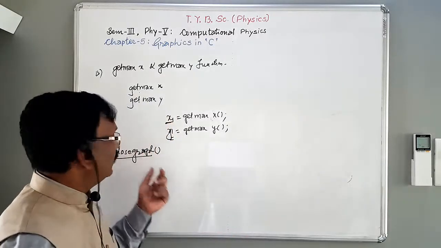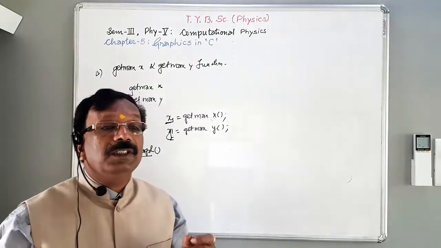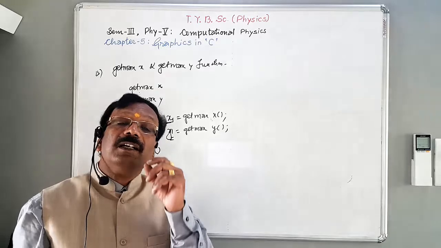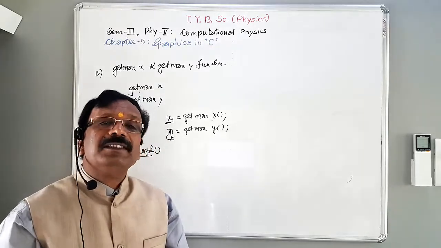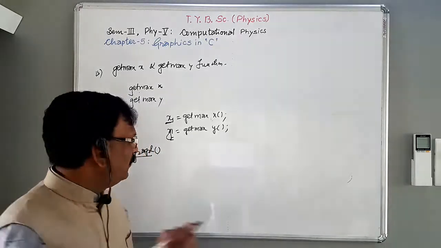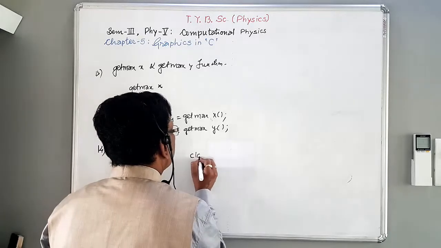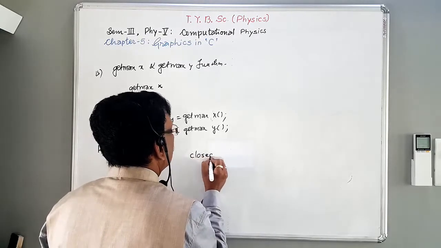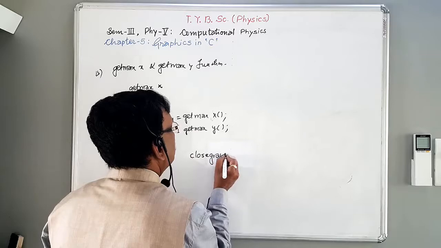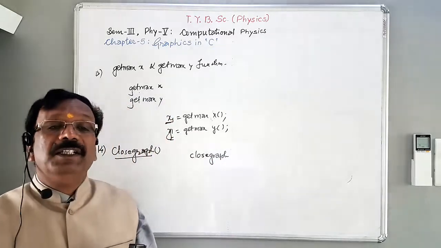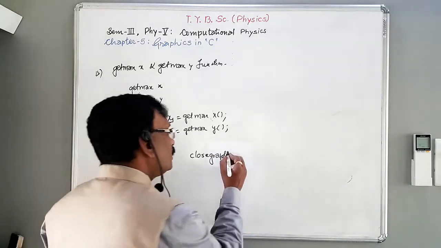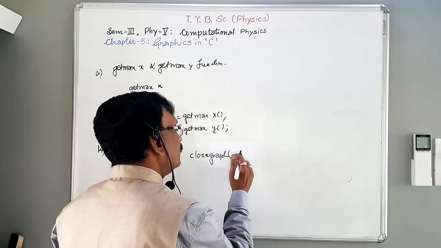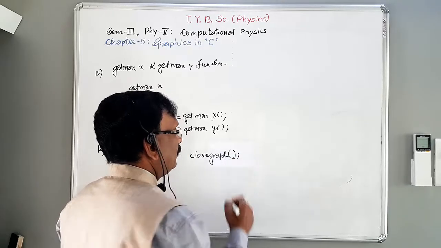For that purpose the closegraph function is used. This function closes the graphics system, and the syntax is very simple: closegraph. This is the keyword which is already specified to the compiler, and we use empty parentheses.